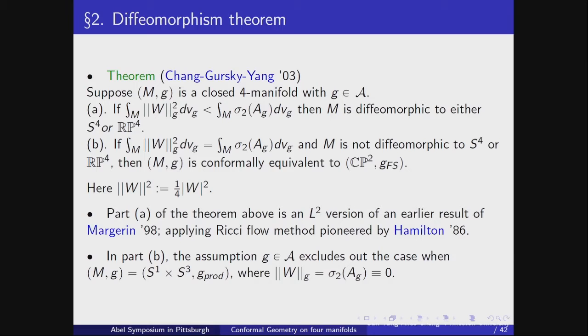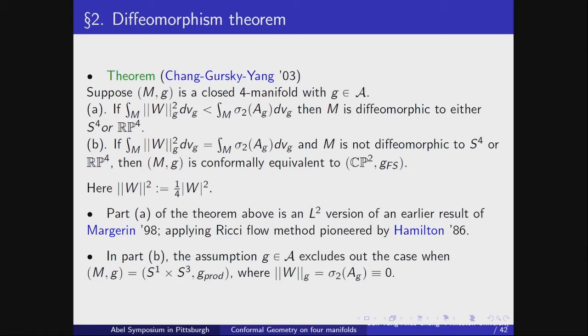And so it says the limiting case, you compare these two conformal invariant quantities. When one is bigger than the other, it's the sphere, and when it's equal, this other manifold comes in. Okay. And this first part of the theorem implicitly uses the Ricci flow method. Okay.